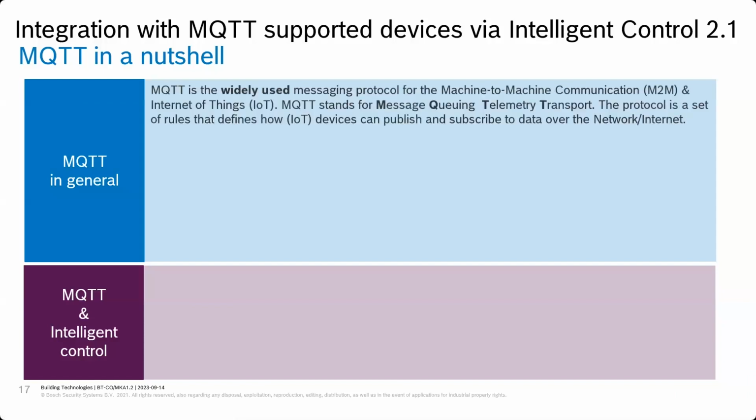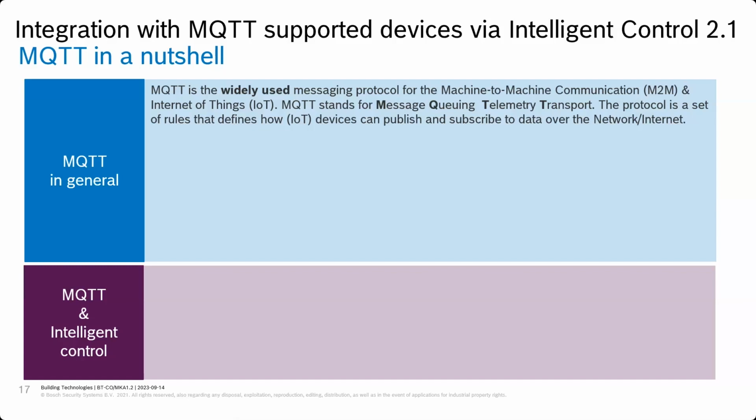What is MQTT actually? It's a message queuing telemetry transport protocol, meant for machine-to-machine communication and used in many Internet of Things (IoT) applications. The protocol is a set of rules that defines how IoT devices can publish and subscribe to data over the network or over the Internet.